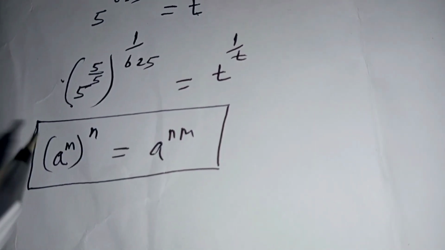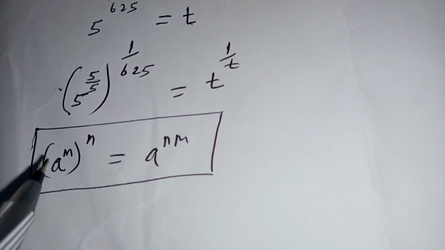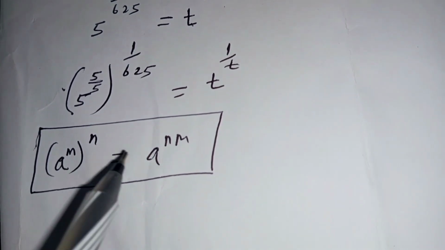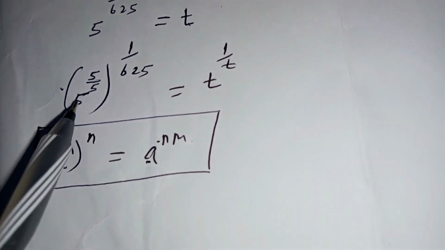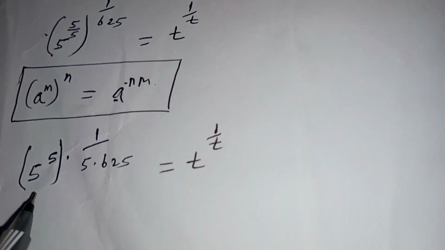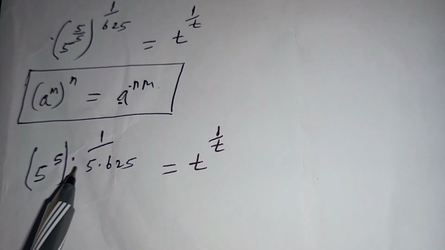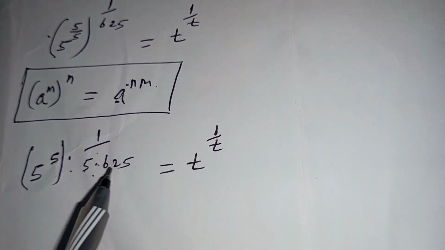Then we apply this law of index, which tells us that when you have bracket a power m, all power n, is the same as a power m times n. So it's 5 to the power of 5 multiplied by 1 over 5 times 625.